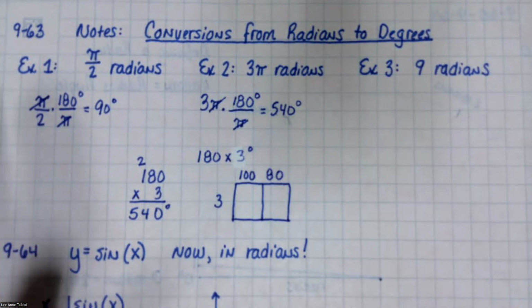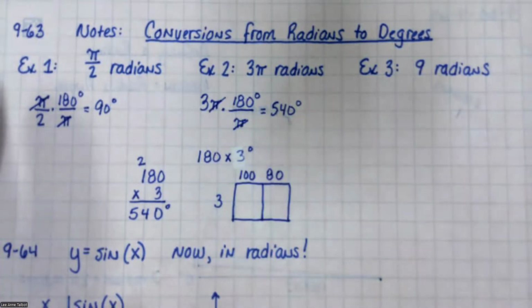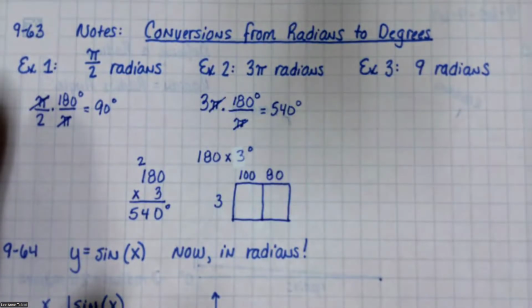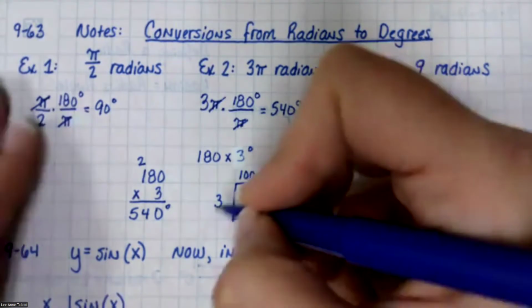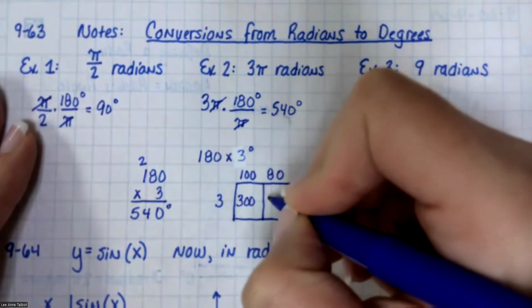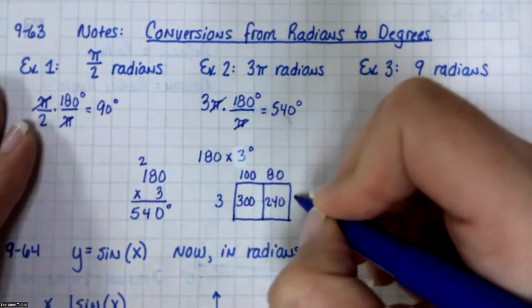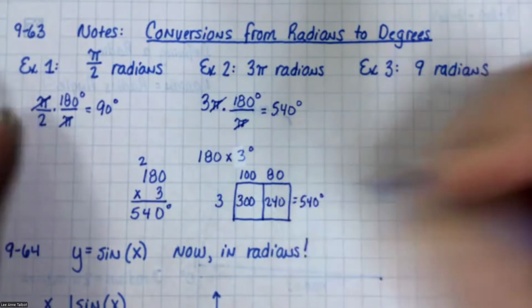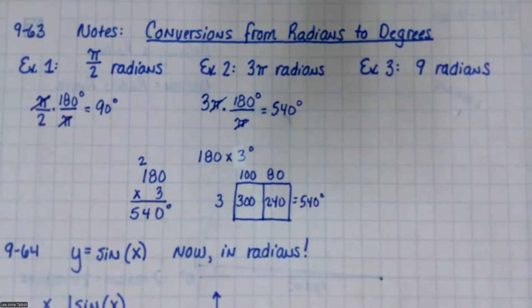Never seen this before? I don't care how you do it, but you're going to have to do it. Also, what you could do is do 18 plus 18 plus 18 and then add a 0.